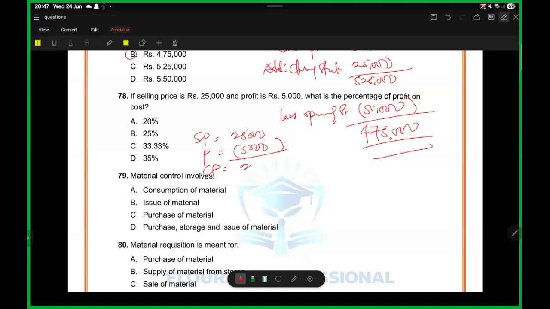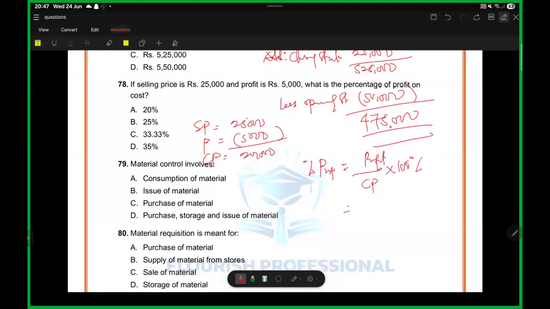So cost price is 20,000. And profit percentage is equal to the profit over your cost price times 100%. Then you get your profit percentage. So your profit here is what? 5,000. The cost is 20,000 times 100%. Just do this one. Let's see. What will be the answer?